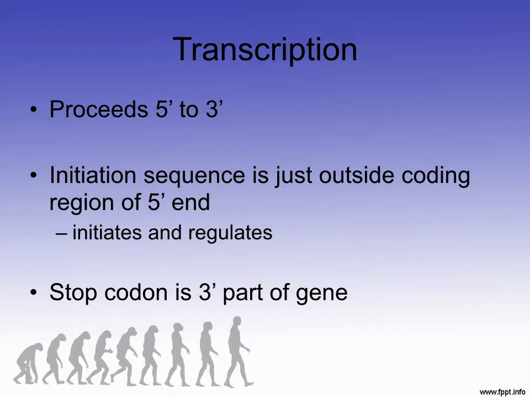So it proceeds 5' to 3'. And on the 5' end, the starting end, there's an initiation sequence that says, hey, this is where you start. It also regulates transcription. And then at the end, there's a codon, 3 bases, that says stop transcribing. This is the end of the gene.